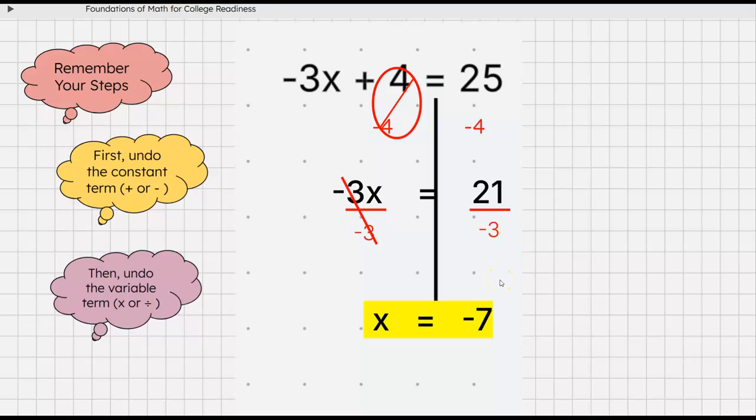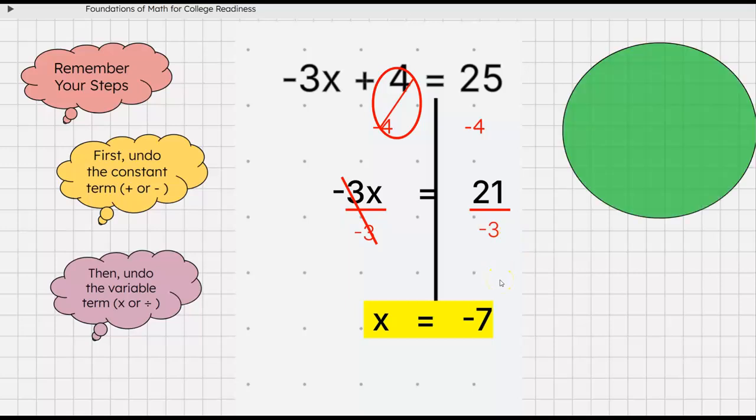But don't forget, we need to check our answer. So our original equation was negative 3x plus 4 equals 25. We will check our answer with substitution by taking the negative 7 and plugging it in to the x in the equation above.